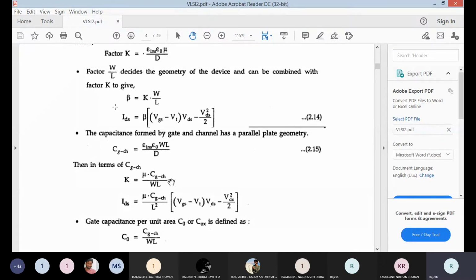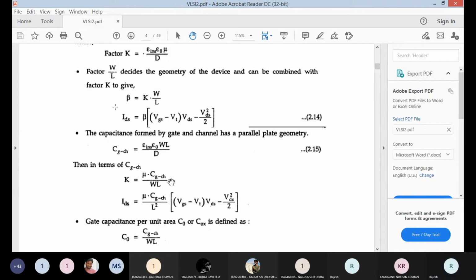So I hope you are understanding NMOS operates in 3 regions: cutoff, linear, saturation. Now we can get one more equation in terms of capacitance. The capacitance formed by gate, the gate to channel capacitance, is given by the basic formula for a capacitance, epsilon A by D. Here it is not epsilon, it is epsilon insulator into epsilon naught because you have to consider permittivity of SiO2.